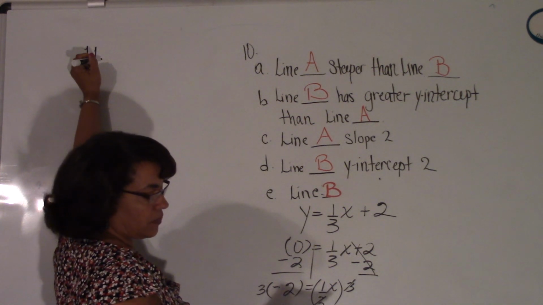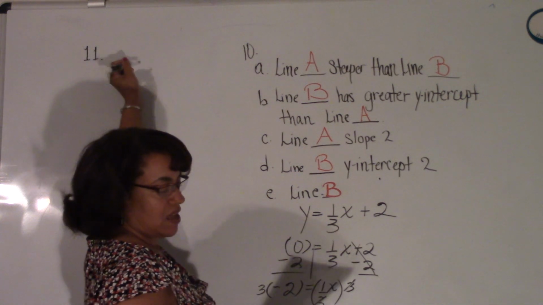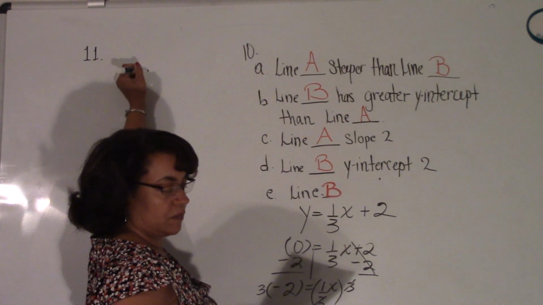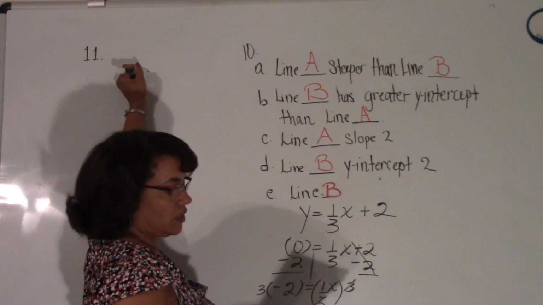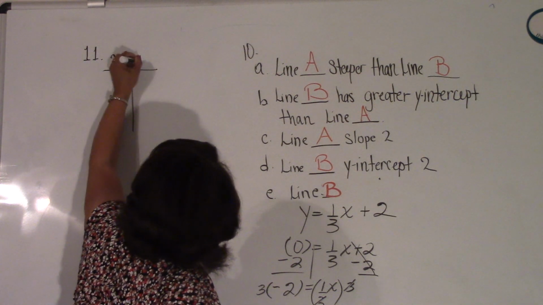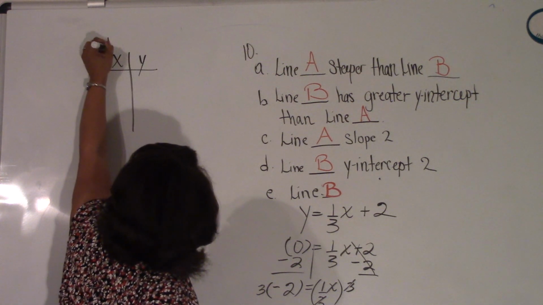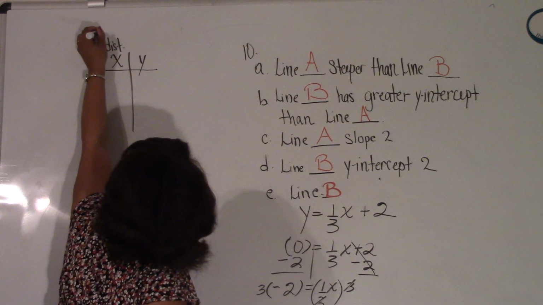The cost for renting a bus for one day includes a flat fee plus a charge for each mile that the bus is driven while it's rented. Let me go ahead and get this table set up. So a bus that is driven 106 miles, that's going to be our distance in miles.